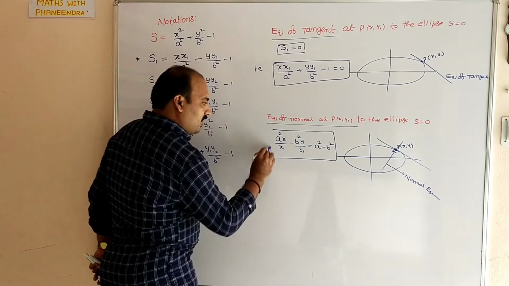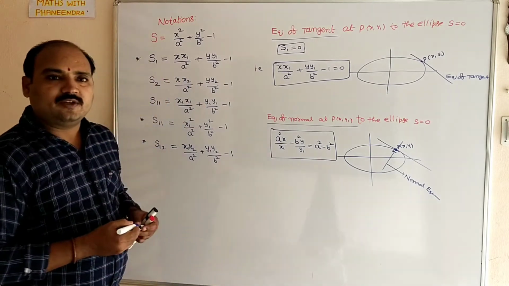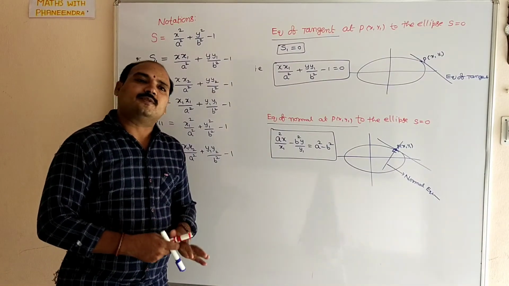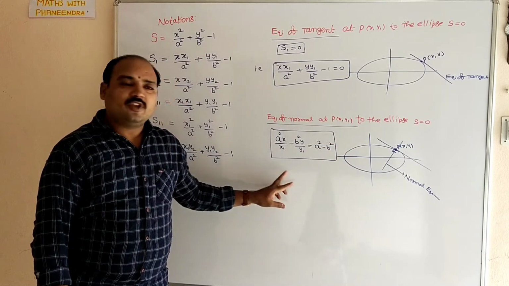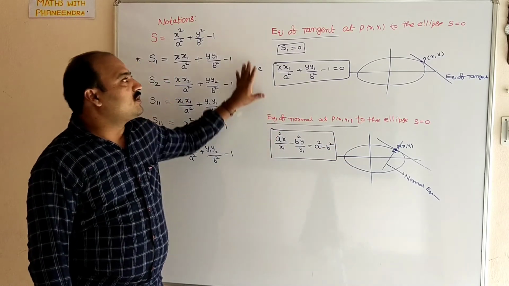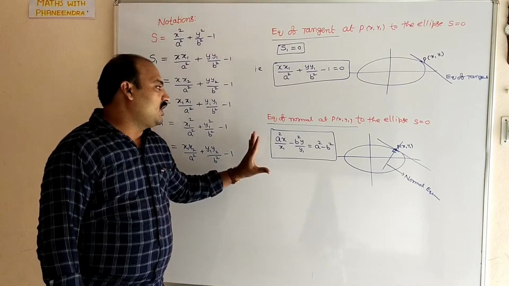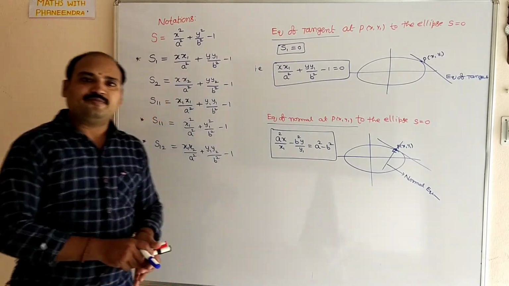This is the formula for the equation of normal at P of x1 comma y1 to the ellipse. This is the equation of tangent. This is the equation of normal.